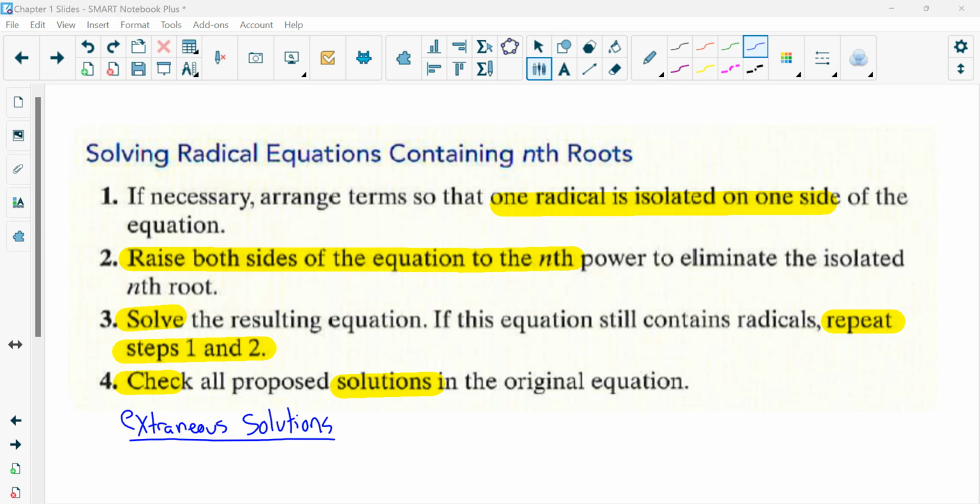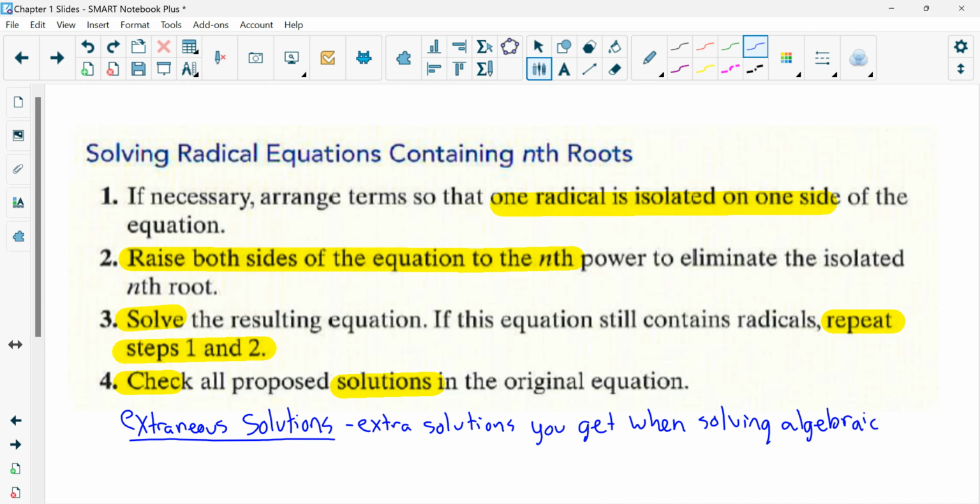The reason you have to check is because for these radical equations, you get what's called extraneous solutions. First 5 letters, it's extra. Extraneous solutions are extra solutions you get when solving algebraically that are not true solutions.